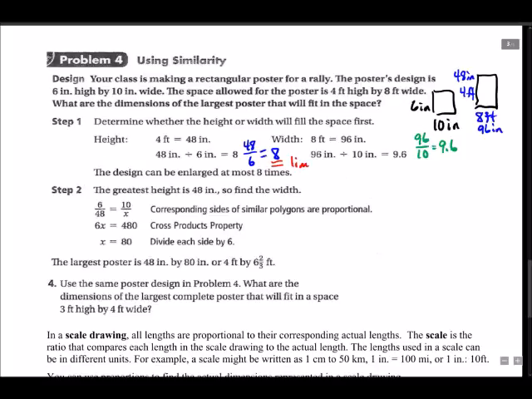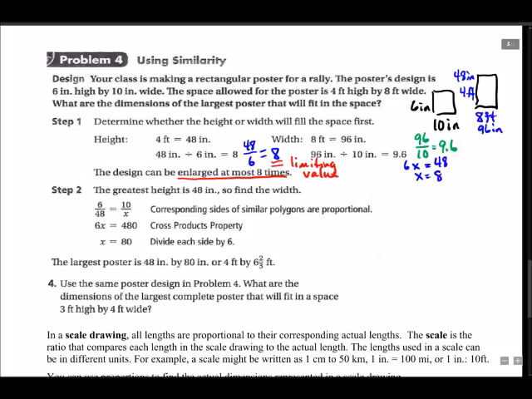This is our limiting value because it's the smallest one. If we increased the 6 inches by 9.6, it would be too big to fit. So our design can be enlarged at most 8 times. Now we could also have looked at this. 6 times what equals 48, and we would get a multiplication factor of 8.